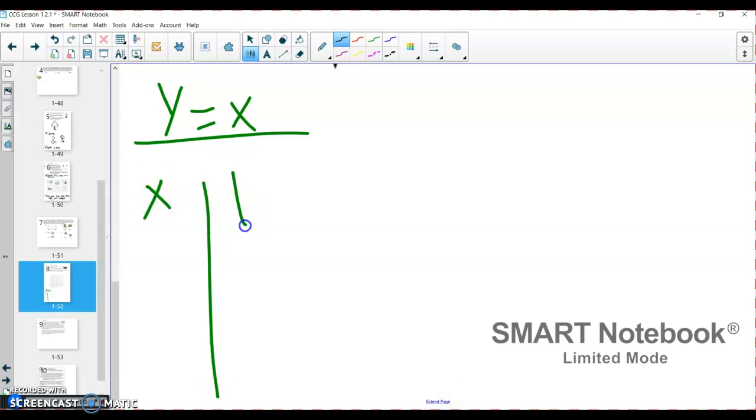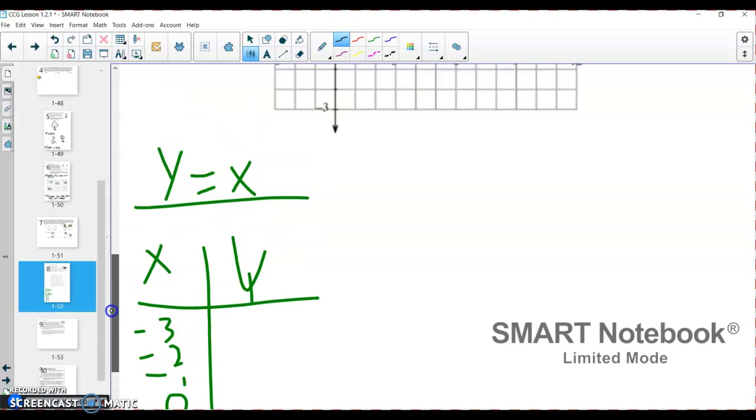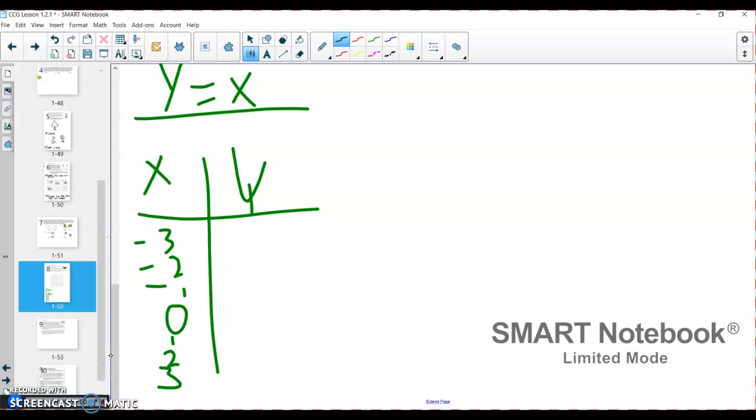So x, y, my x's are -3, -2, -1, 0, 1, 2, and 3. And if y equals x, that means if x is -3, y is -3. If x is -2, we have this list here, which is just repeated, kind of reflected over there too, huh?